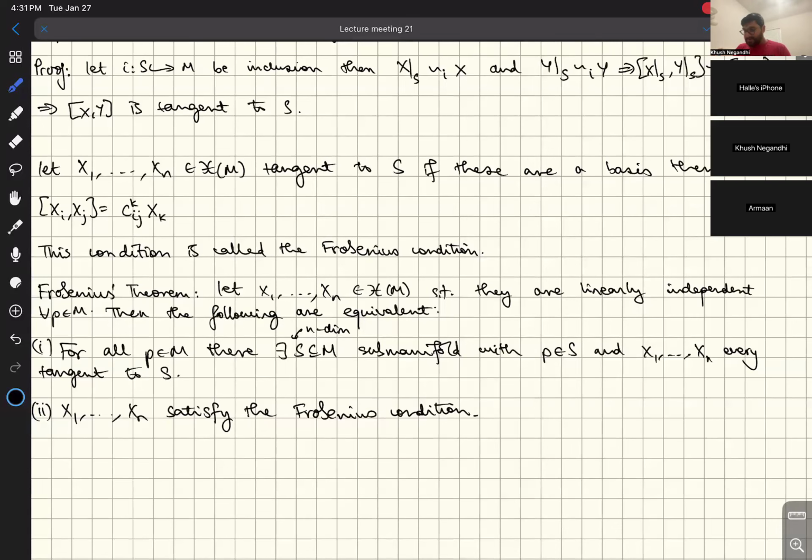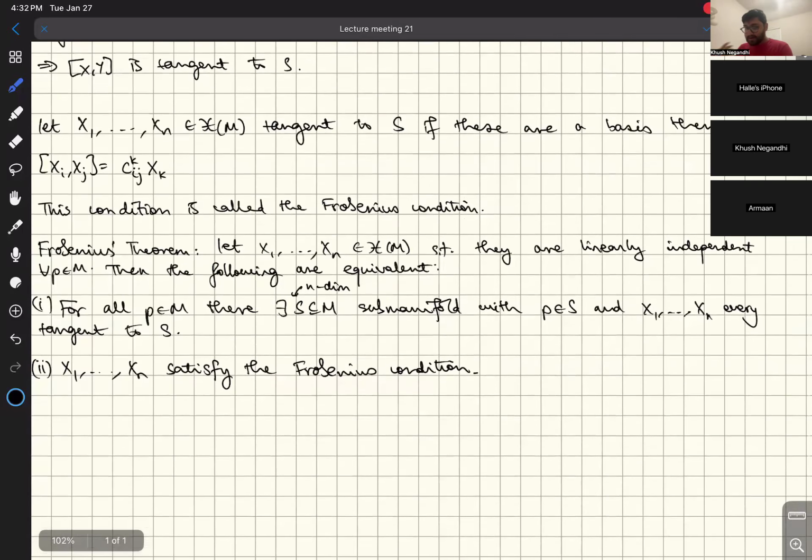So having the Frobenius theorem gives you a condition on when vector fields induce a foliation. This idea might not seem very interesting right now, but in an area of geometry called Poisson geometry, one can show that the Poisson structure induces a similar sort of foliation, and each leaf is then a symplectic submanifold.